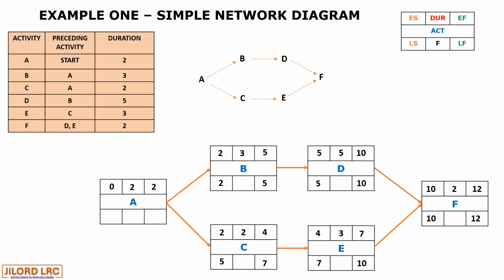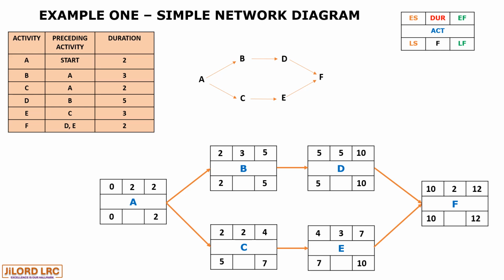The smallest value is what we take between these two activities, B and C, to become the late finish of activity A. And 2 out of 2, that is the late finish of activity A minus the duration, which is 2, gives us 0 to complete the backward pass.